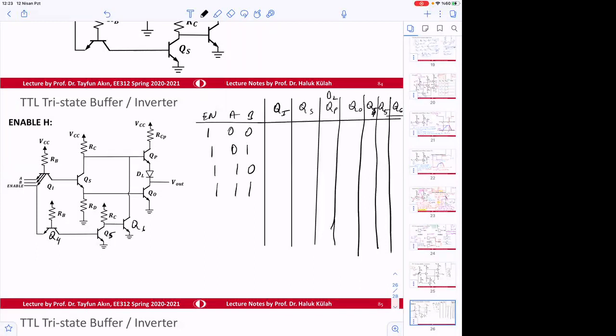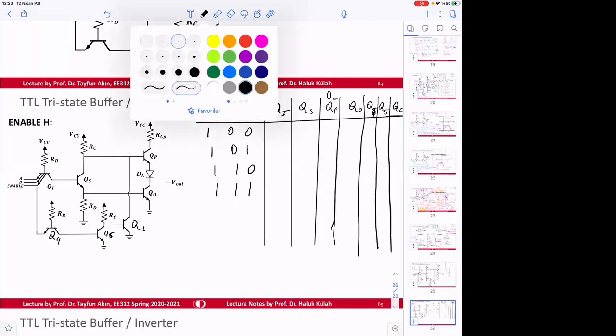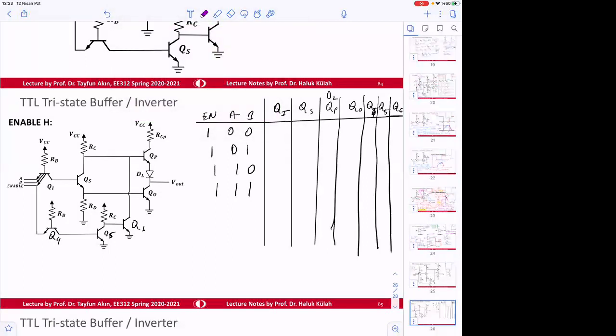Okay, so this is the case now. When enable is 1, let's look at this one now. Enable is 1. What is the state of this transistor?